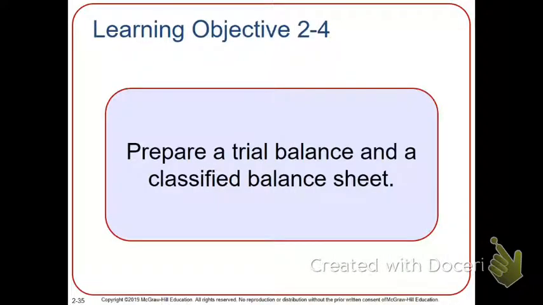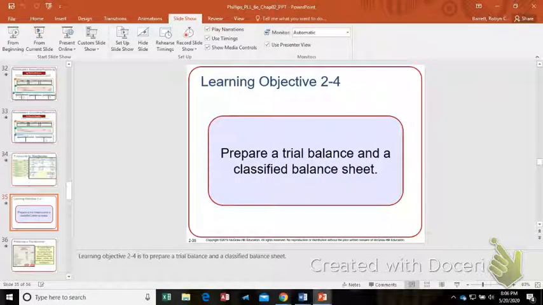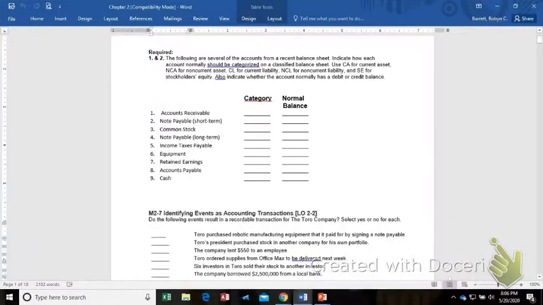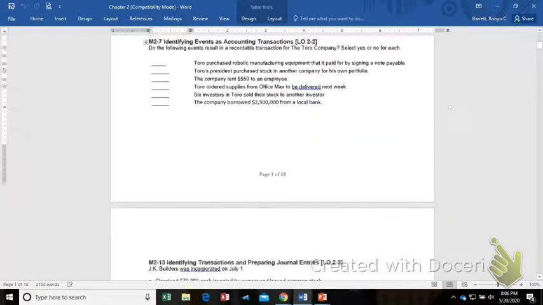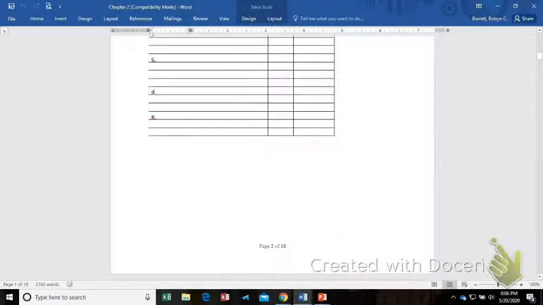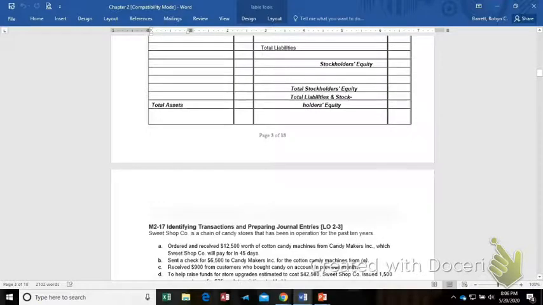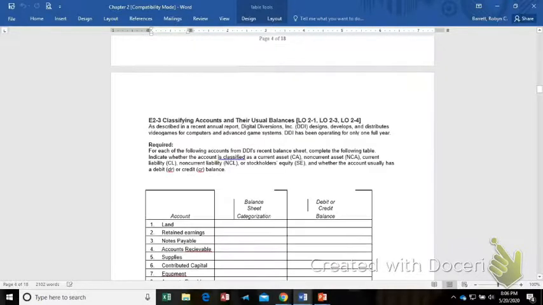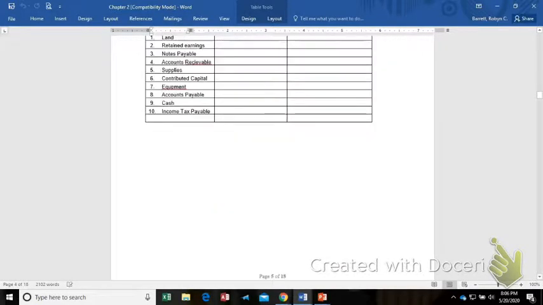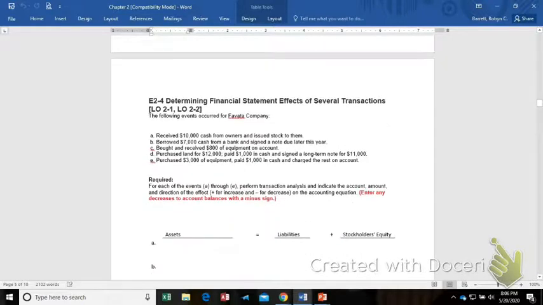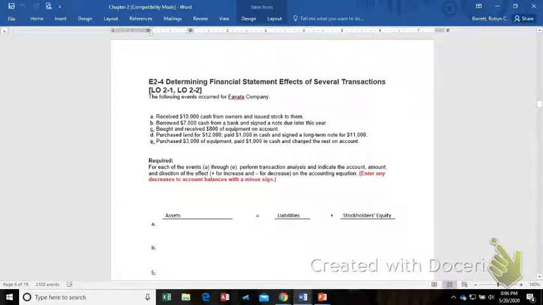All right, so let's go back and look at a working paper and work a problem here. So let's scroll down to, or you're not scrolling, you're flipping. Let's do this one, E24.